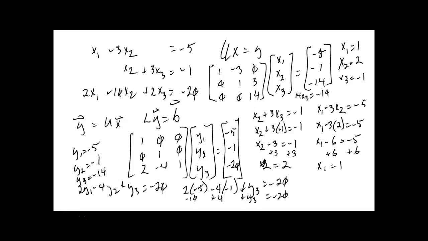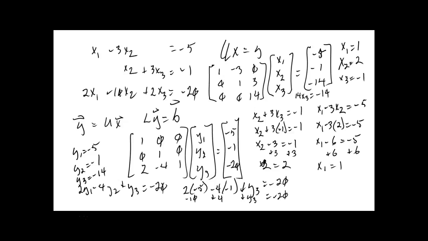Let's see if it works. 1 minus 3 times 2, that would be minus 6. 1 minus 6 is minus 5. That works. 2 plus minus 3 is minus 1. That works. Let's see, I'm lost here. 2 minus 20, that would be minus 18, minus 2 would be minus 1.